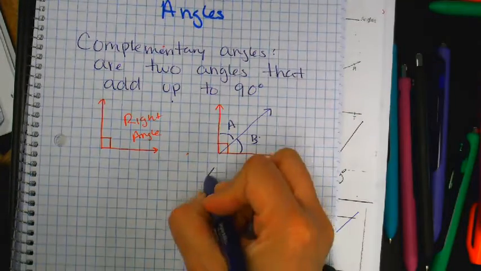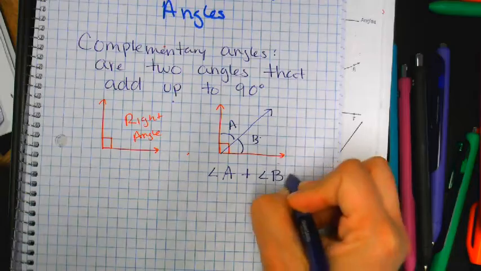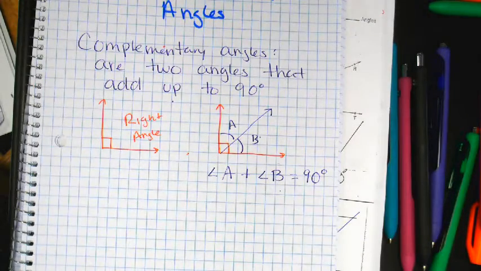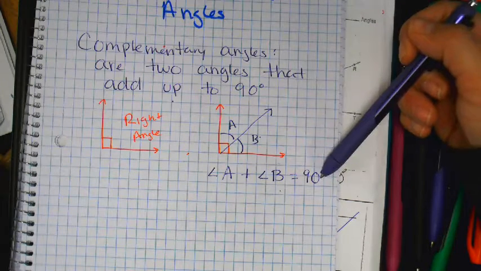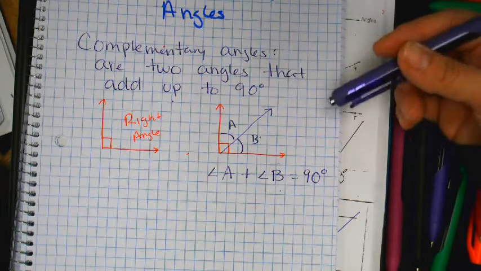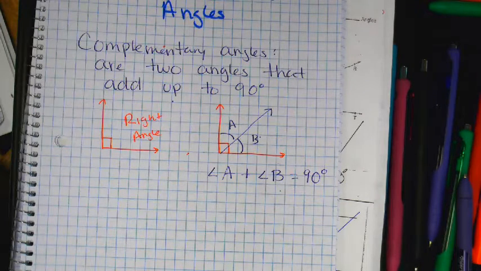So angle A plus angle B is equal to 90 degrees. This is what we call complementary angles. Complementary is a sum of 90 degrees.